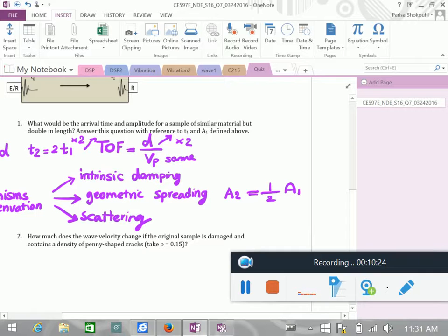Do we have scattering in a purely elastic, homogeneous material? No. So why do we have scattering in concrete? We have aggregates. We have heterogeneities. Whenever you have heterogeneities inside the material, we have scattering.